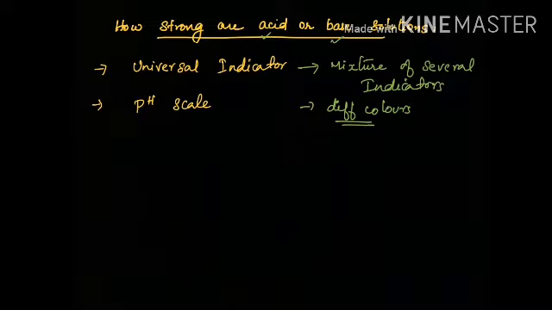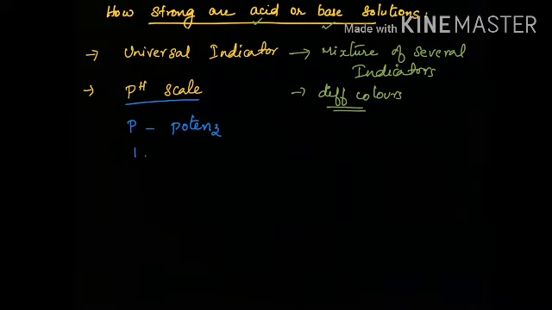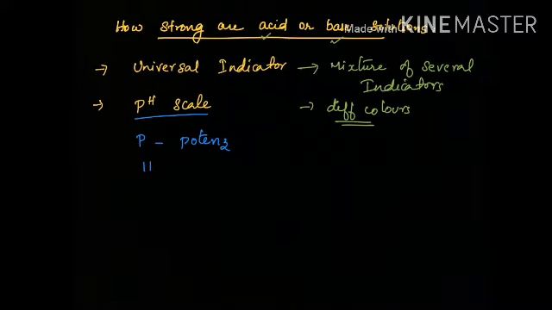Next is the pH scale. As it is indicated, it is a typical scale. Here in pH, the P indicates potence and the H indicates the hydrogen ion.